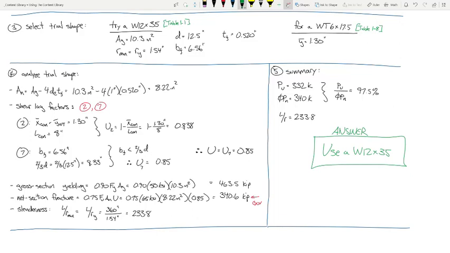So a question might arise, what's the likelihood that the member fails? That's a good question. The likelihood that the member fails is proportional to how inaccurate that gross area times 0.75 equals the effective net area is.